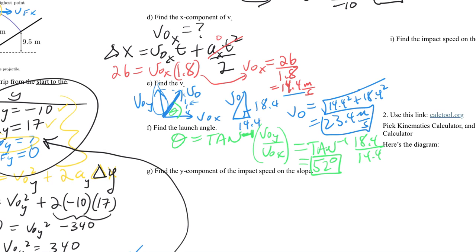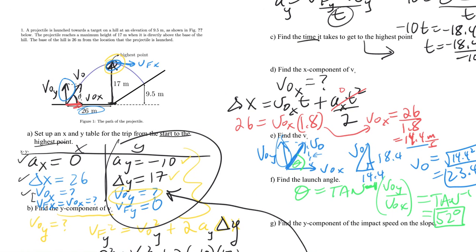Okay, let's find the y component of the impact speed on the slope. So it's right here. The y component would be pointing down, VFY. But I know VFX is going to be equal to VOX.